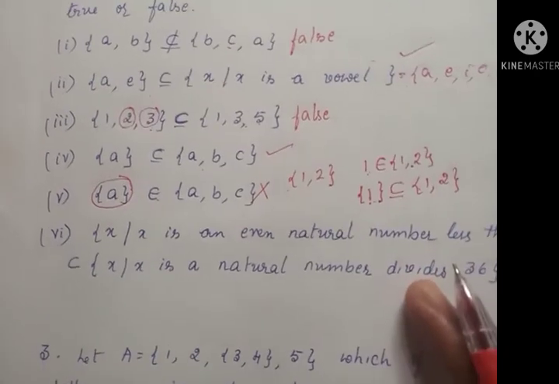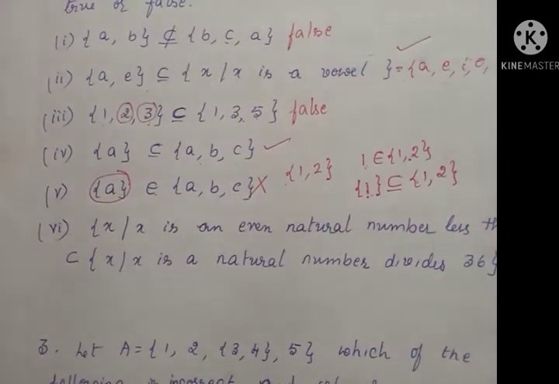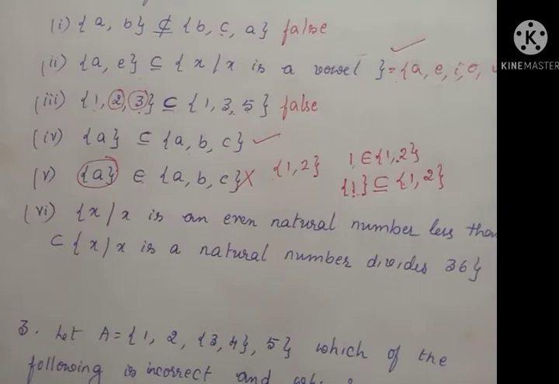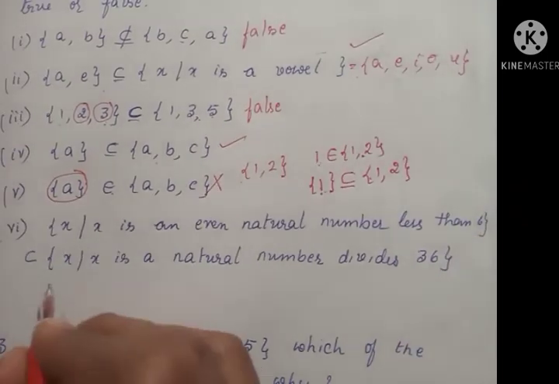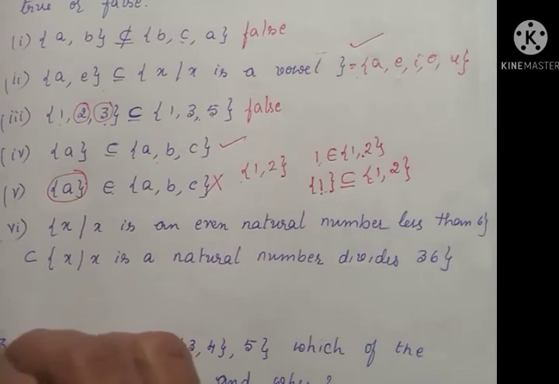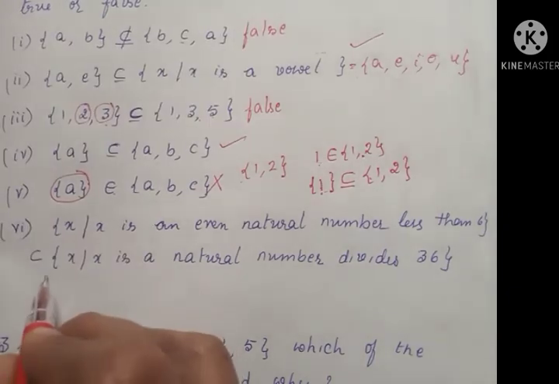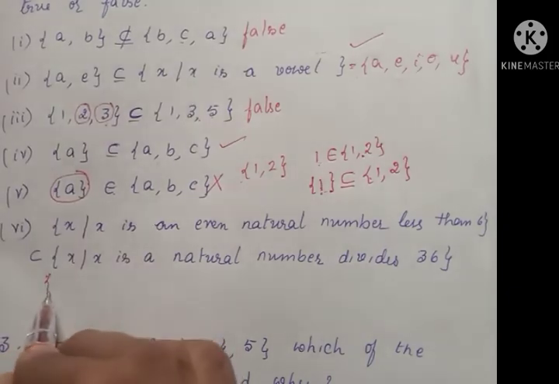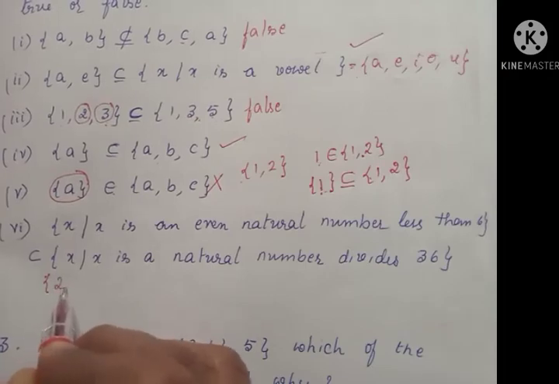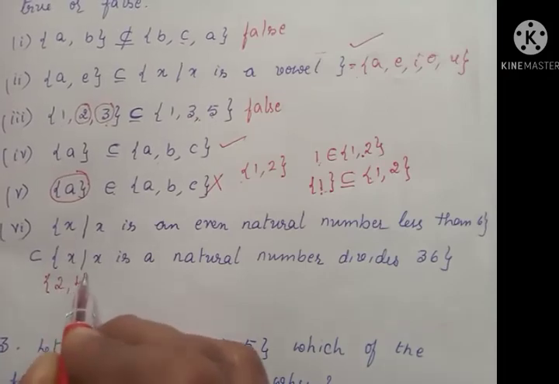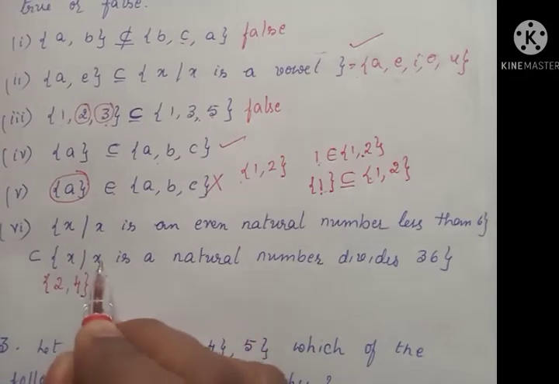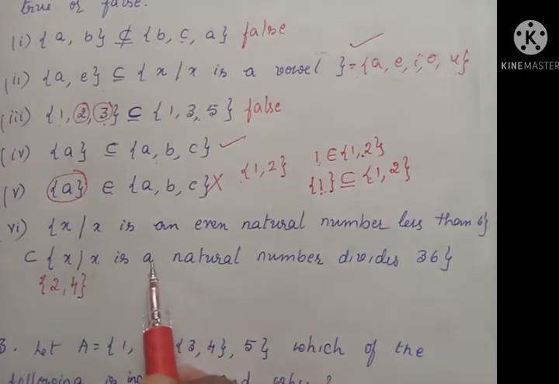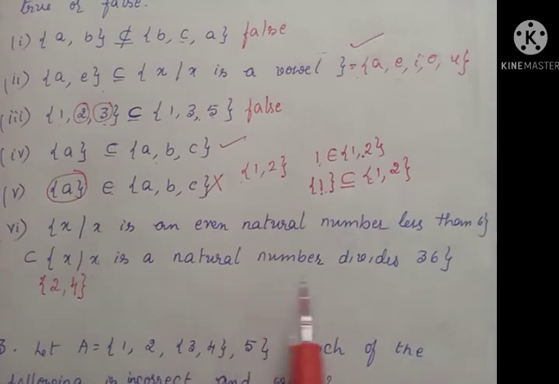Next, the sixth one. The set of all x such that x is an even natural number less than 6. If I take this as the set A, the first set has the elements 2, 4, less than 6, so only these two elements. The second set is the set of all x such that x is a natural number that divides 36.